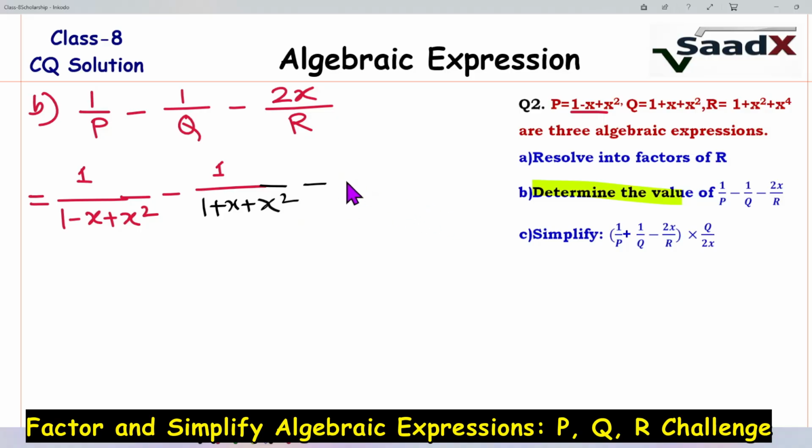Then minus 2x divide 1 plus x square plus x to the power 4.